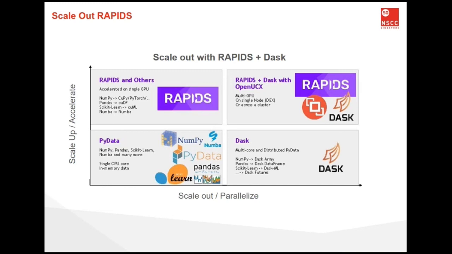But we also want to be able to scale out so that we can really handle big data problems. And to do that, we are leveraging Dask, which is a Python package for distributed computing, which can scale from all the cores of our laptop to all the nodes in a computing cluster.